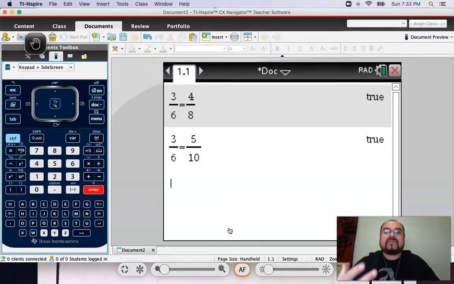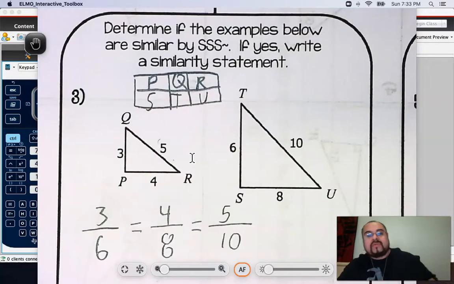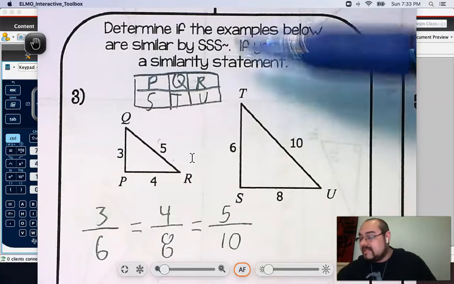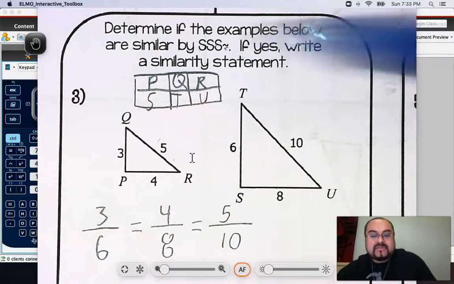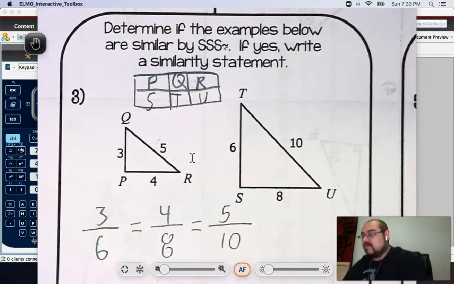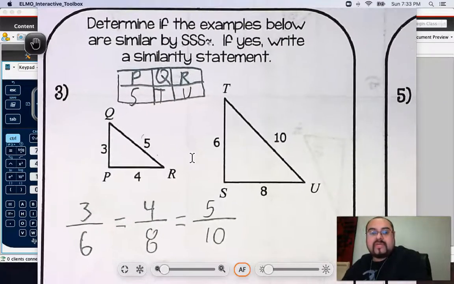If it's a second true statement, then you have proven that 3/6 is equal to 4/8 is equal to 5/10. And that means that this triangle is proportional, which you've proven that they do meet the requirements for the side similarity postulate.